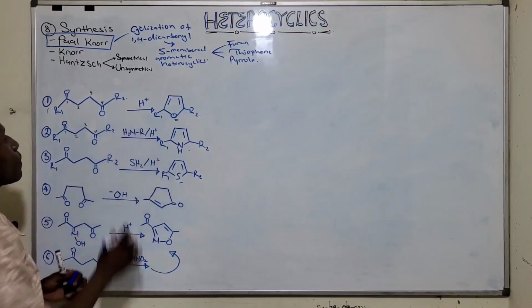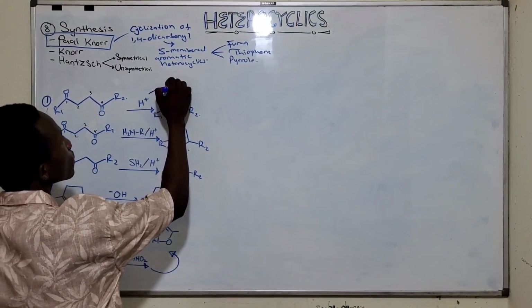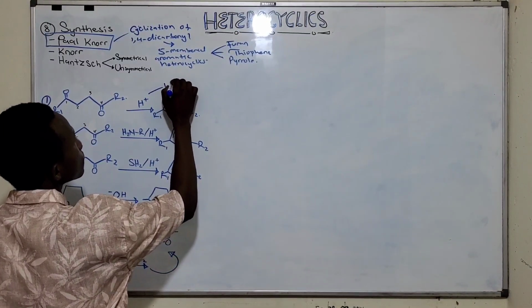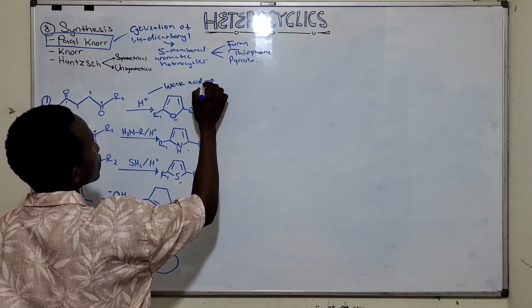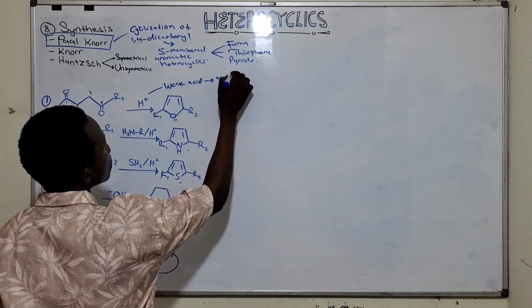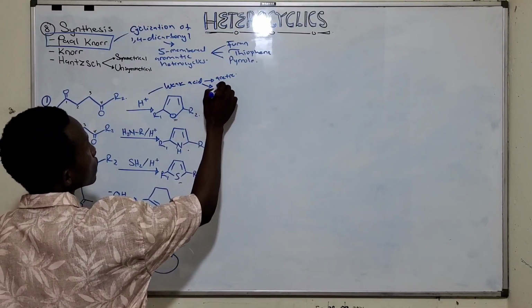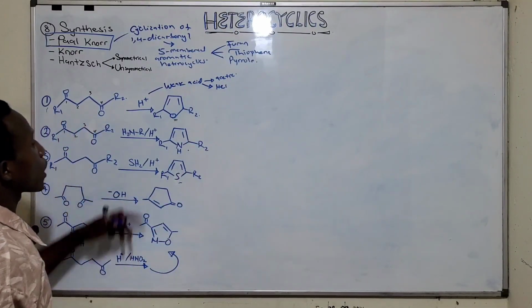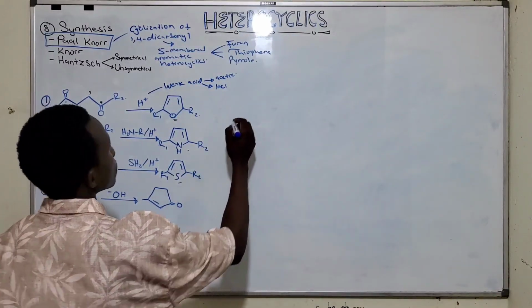Let's begin. If you have a 1,4-dicarbonyl compound in presence of weak acid, for example, acetic acid, or some traces of HCl, you can get furan. How do we begin the mechanism?